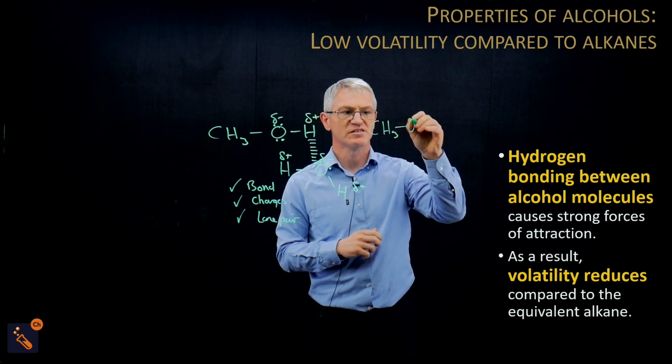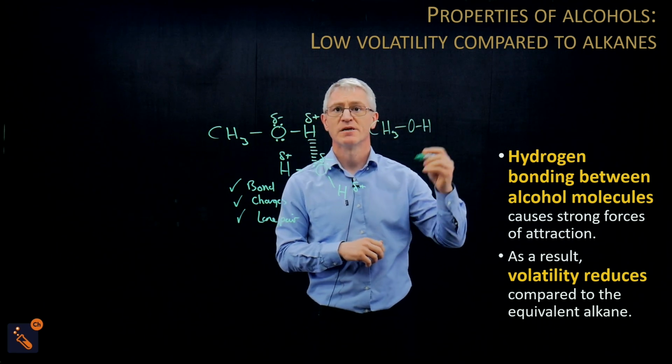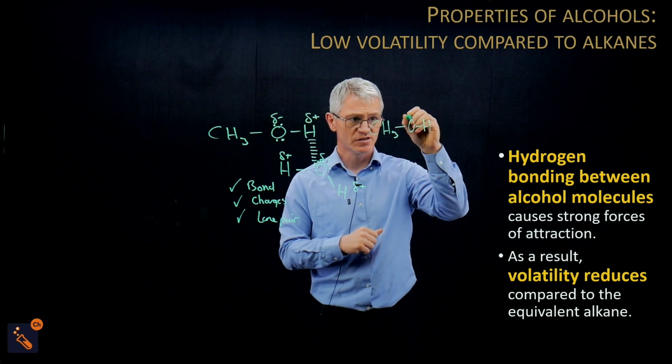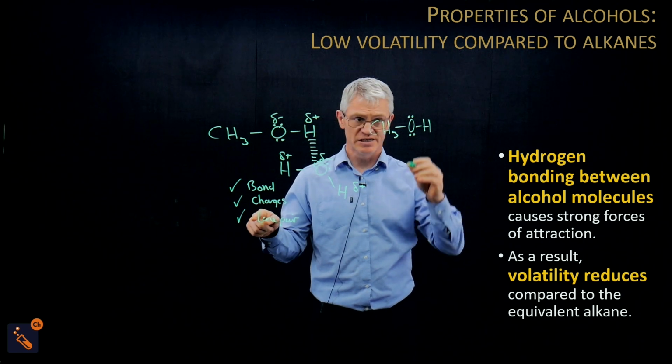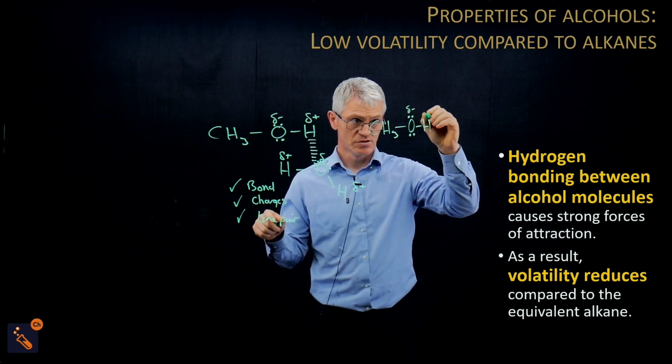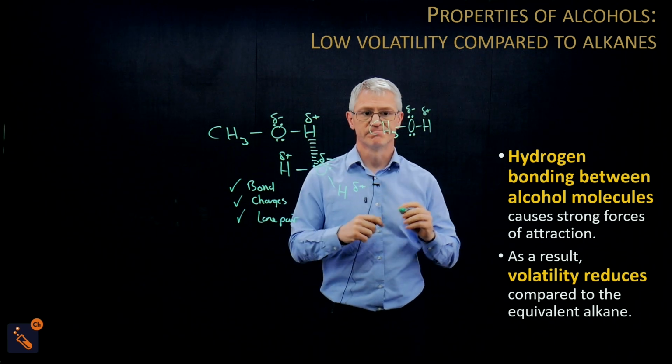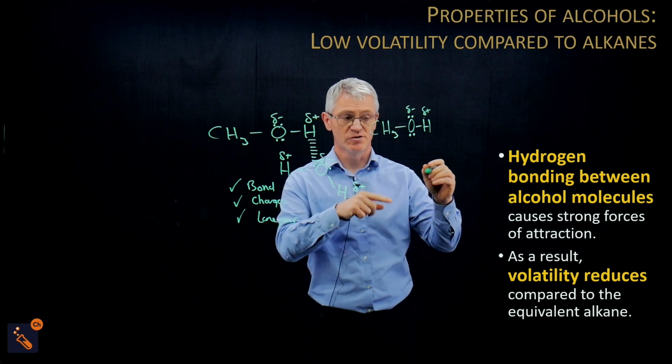Now we're talking about volatility, so the ease at which it evaporates. To do that, let's start with the lone pairs this time, then the charges. Now I'm going to draw another alcohol that lines up with it.